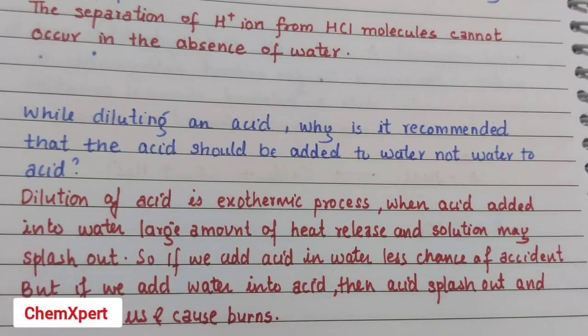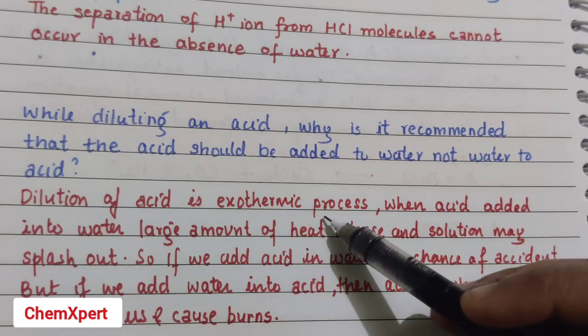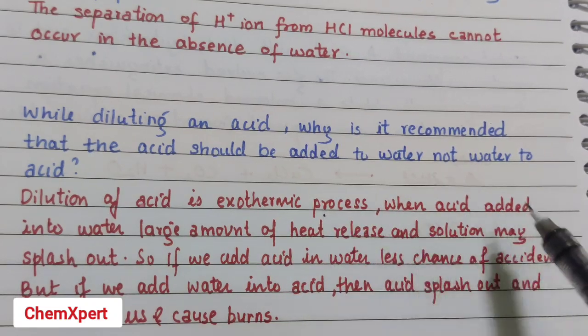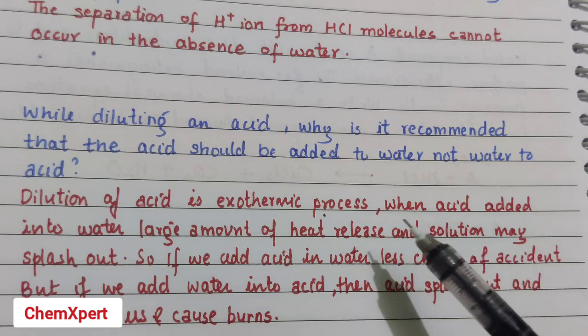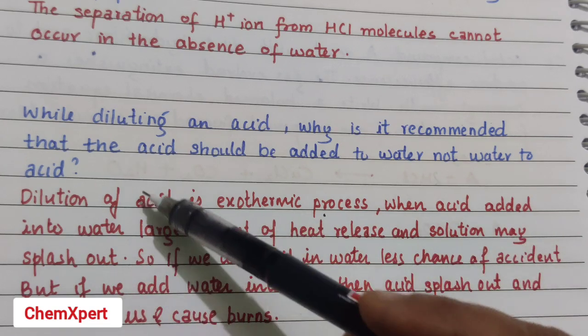Next important question: while diluting an acid, why is it recommended that acid should be added to water, not water to acid? Now dilution of acid is an exothermic process. So when acid is added into water, a large amount of heat is released and the solution may splash out. This is a general condition.